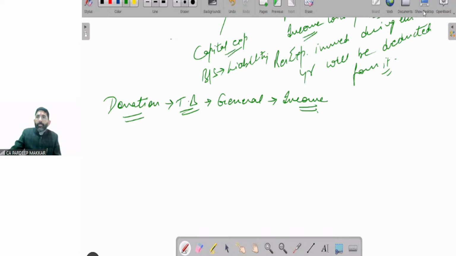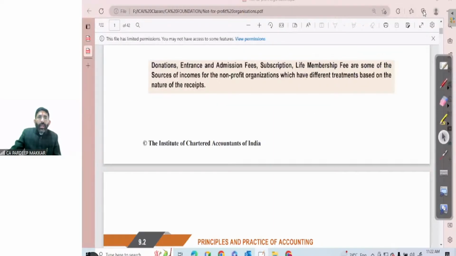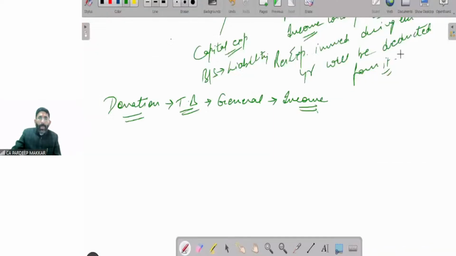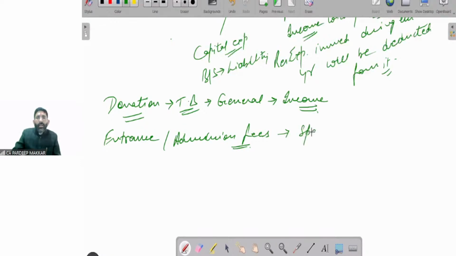Exactly right, beta. The second point is regarding entrance and admission fees, beta. For this, normally it will be specifically mentioned how it should be treated. It may be capital, it may be revenue. It will depend.